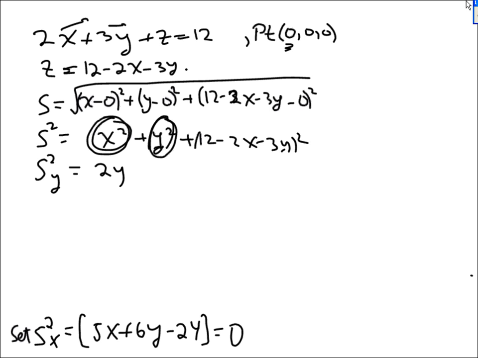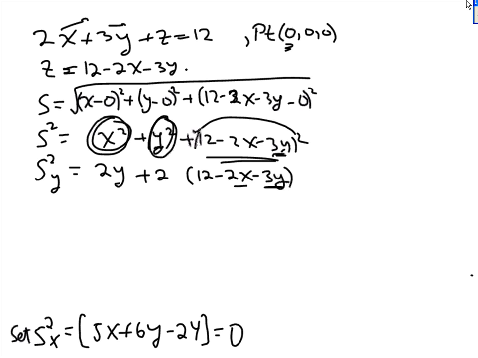Its partial is 2y plus this here is a function of y. There's a y term. Bring down the power. Keep the inside the same. Make the new power 1 less, which is 1, which you don't have to write. Times it by the derivative of what's inside with respect to y. Only the 3y is a y function, and its partial is negative 3.